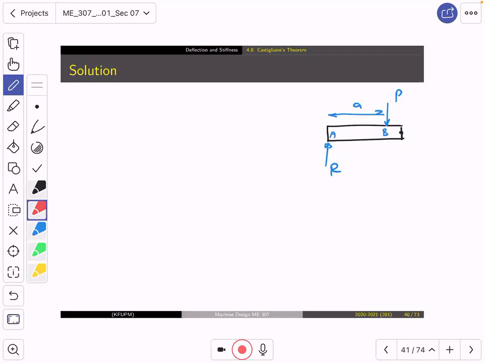When we cut the beam, I'm going to call this one VBC and this one MBC, which is between B and C. Now, you have to be very careful. We will call this distance X, but we want X to be greater than or equal to A and less than L over 2.